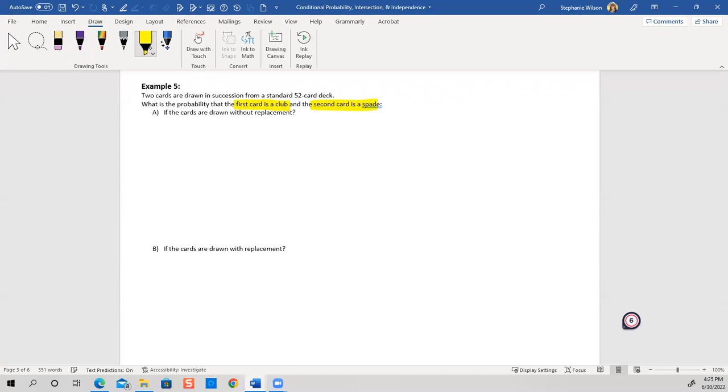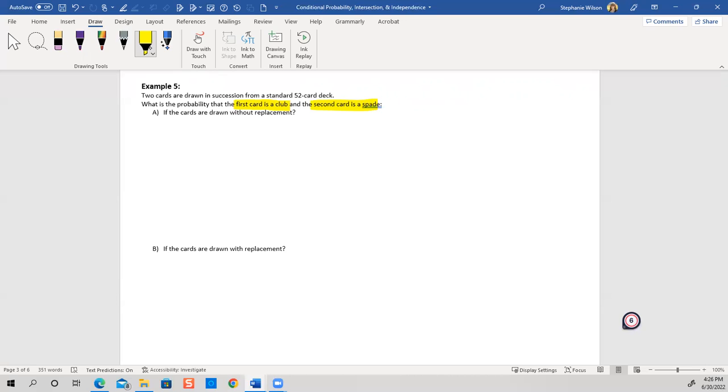So whenever we talk about a deck of cards, we know there's 4 suits: hearts, diamonds, clubs, and spades. And in each suit, there's 13 cards. We know there's 2 reds, hearts and diamonds, and 2 blacks, spades and clubs.